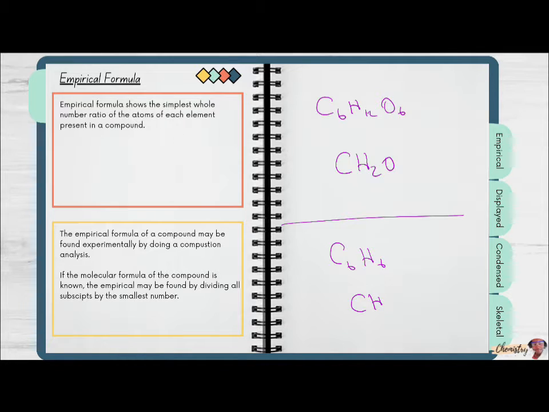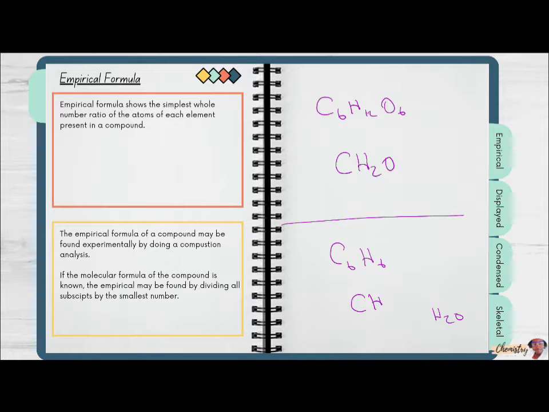There are some compounds whose empirical formula and molecular formula are the same, meaning that the ratio of the elements in the molecular formula is already in its simplest form. Some examples are water, H2O. We couldn't break this down any further. The smallest number is 1, and we know anything that is divided by 1 would give us the same number.